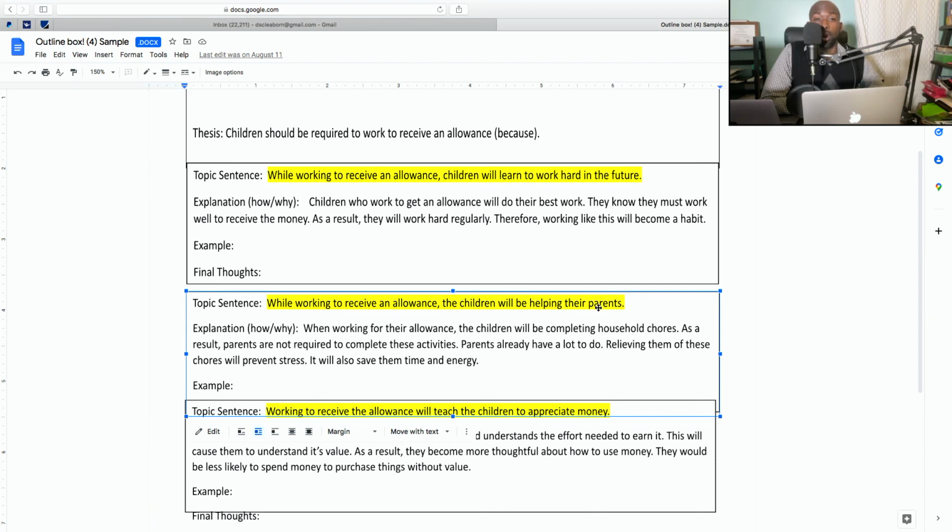Parents, right? So this, even though it mentions the children, the emphasis is on the parents. So what we're doing is we're just kind of shifting the focus to who it affects. And doing that allows me to divide my train of thought and write different ideas of support for my thesis. And that's what you need, okay?